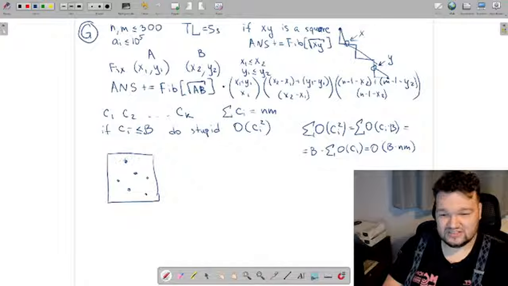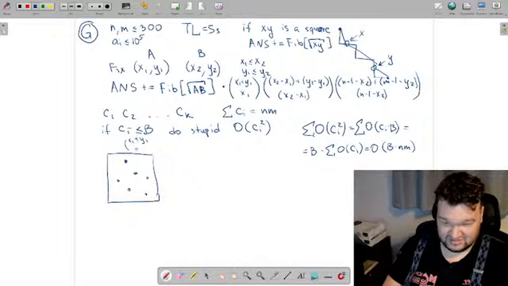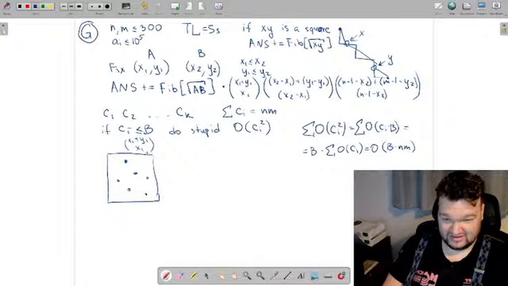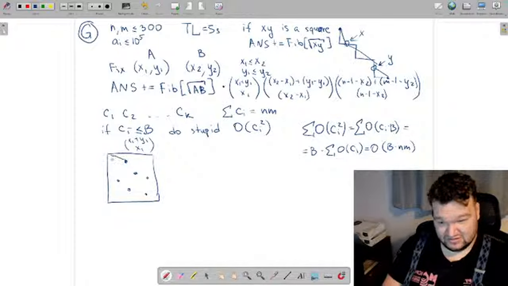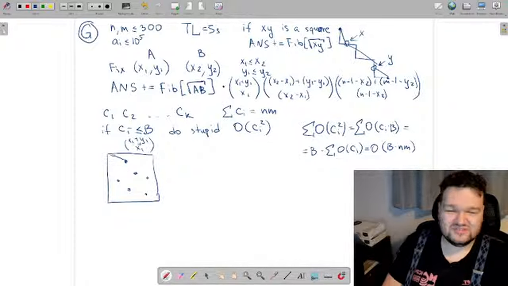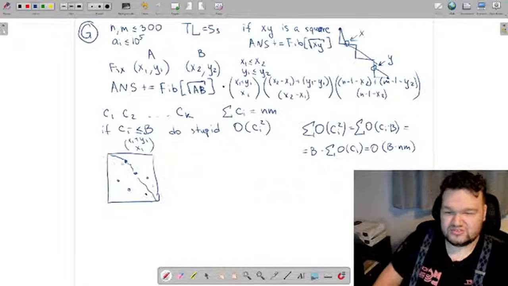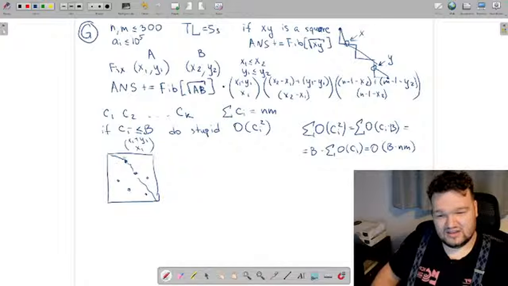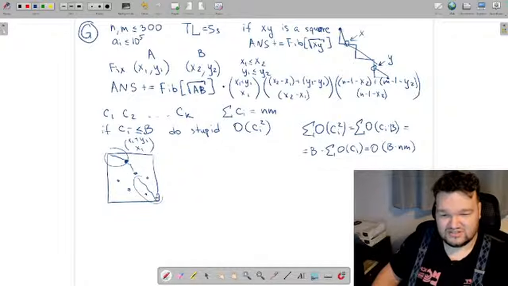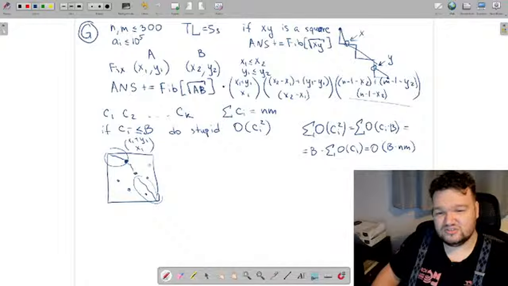If it is a start, we multiply by x plus y choose x. What do we need to do? We need to calculate the number of ways to choose 2 points, and then choose those 3 parts of the path. If this point is a start, then the number of paths here is this binomial coefficient.